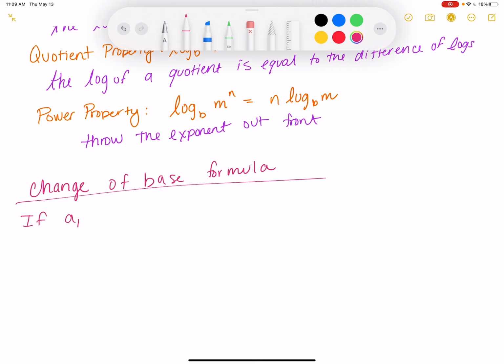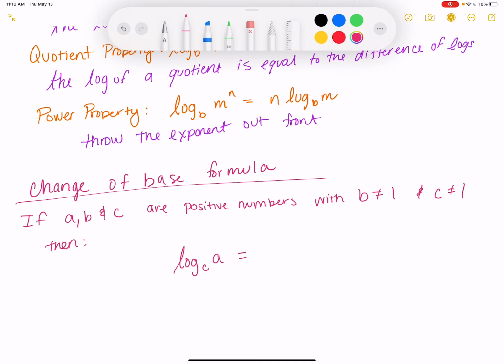If A, B, and C are positive numbers, with B not equal to 1 and C not equal to 1, then log base c of a is equal to log base b of a over log base b of c.